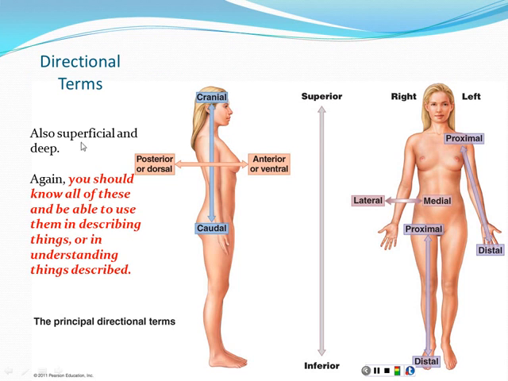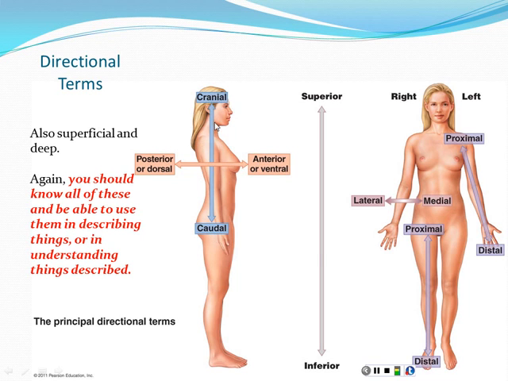So, for example, cranial and caudal. Cranial is toward the head, caudal is toward the tail. Now, we don't have a tail, but where our tail would be, which would be at the end of our sacrum. So when you're talking about the spine, for example, the cranial end of the spinal cord is where the brain is, and the caudal end of the spinal cord is where what we call the cauda equina is.